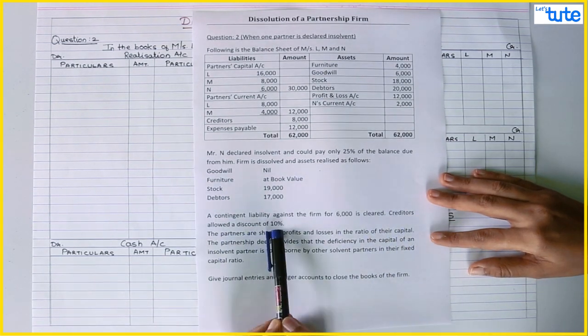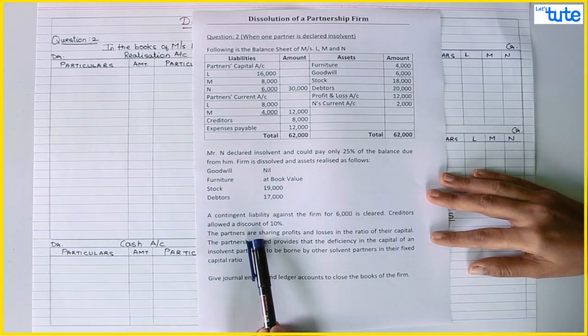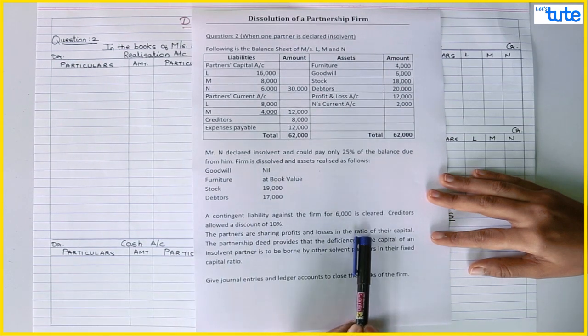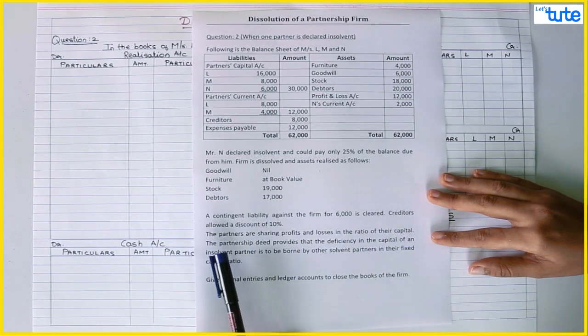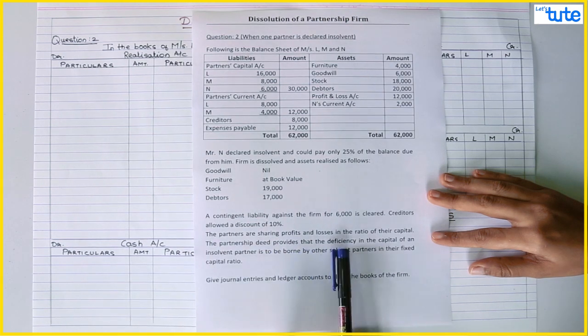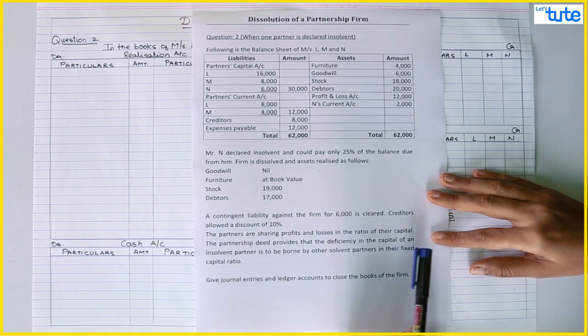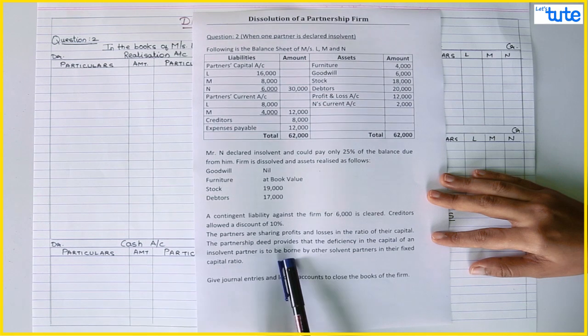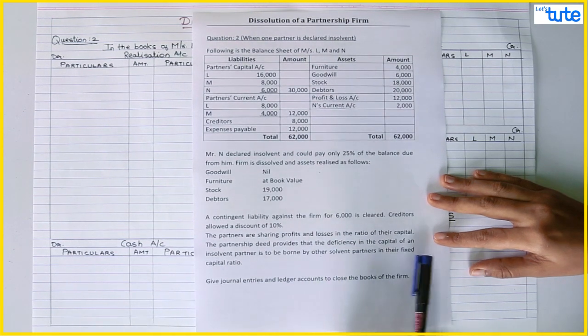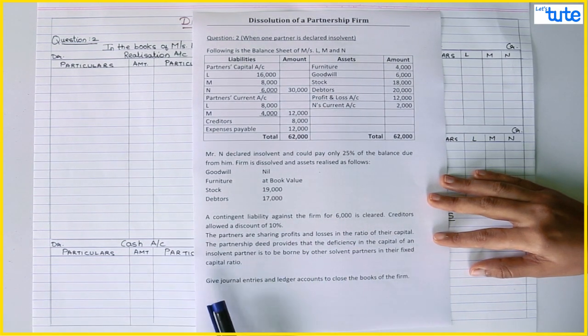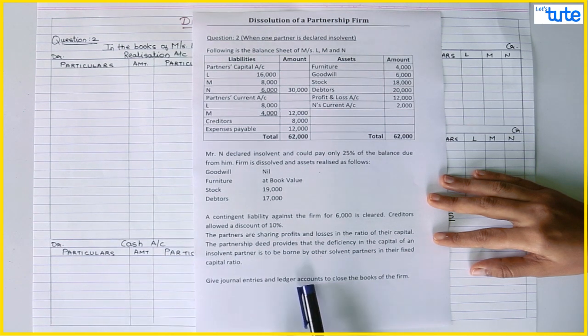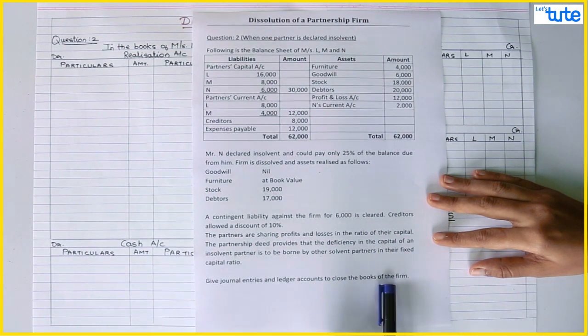Creditors allowed a discount of 10%. The partners are sharing profits and losses in the ratio of their capital. The partnership deed provides that the deficiency in the capital of an insolvent partner is to be borne by the other solvent partners in their fixed capital ratio. Give journal entries and ledger accounts to close the books of the firm.